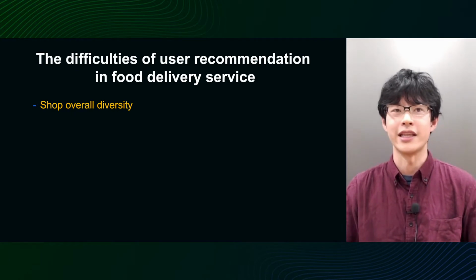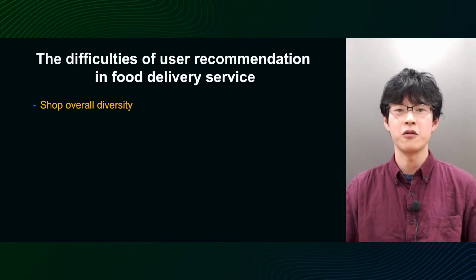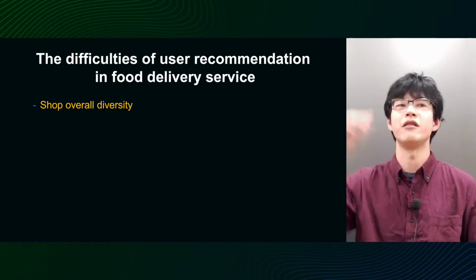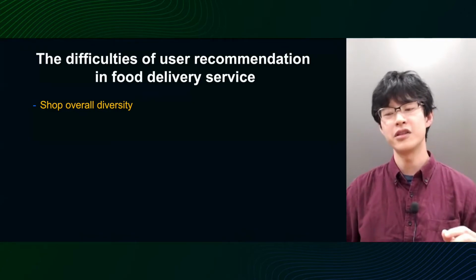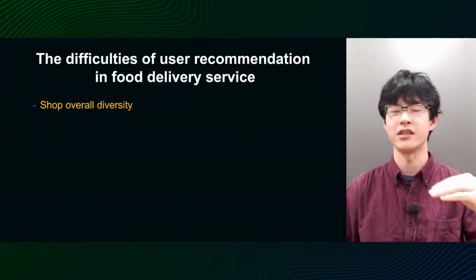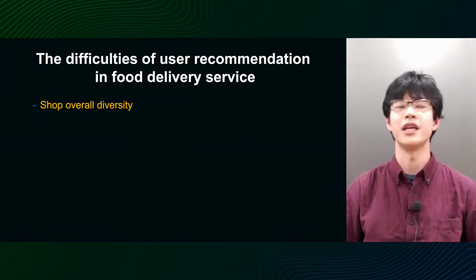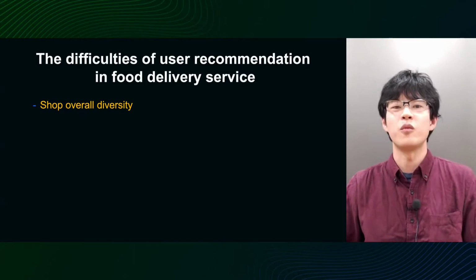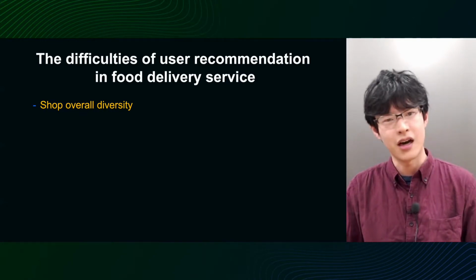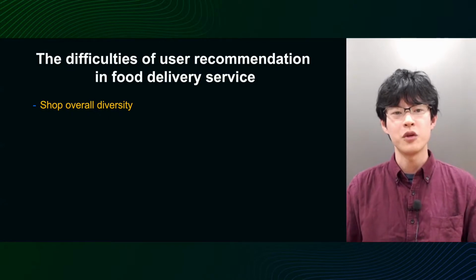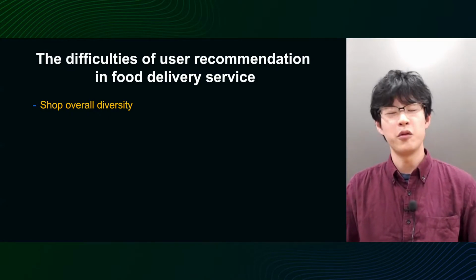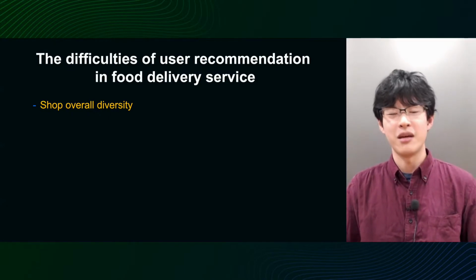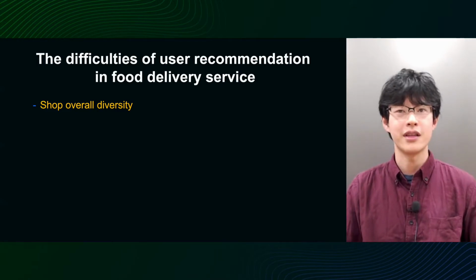First is overall diversity of merchants to be recommended. Multiple users are presented with different recommendations. When looking at the collective pool of recommended merchants, do we have sufficient diversity? In other words, are we sure we are not presenting similar recommendations to everybody?